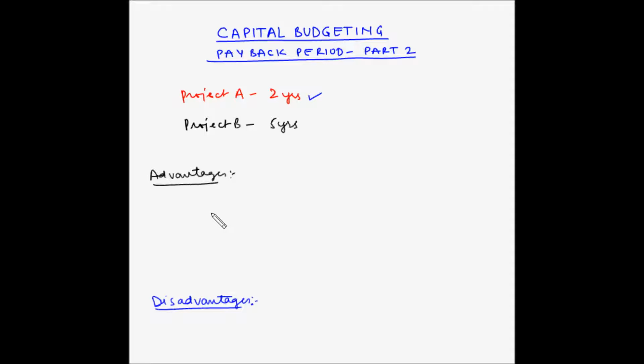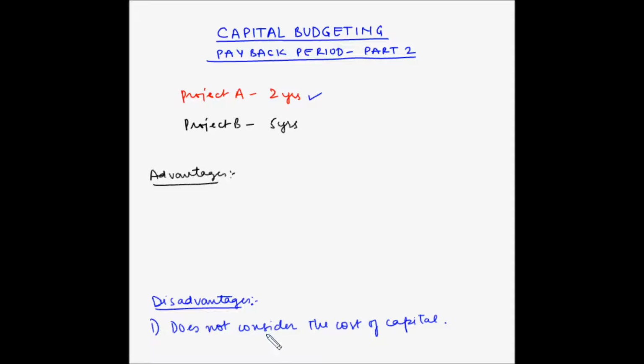The regular payback method does not consider the cost of capital. So this is one of the disadvantages. Now, in order to undertake a project, some amount of capital or investment will be deployed. This capital can be in the form of debt or equity.